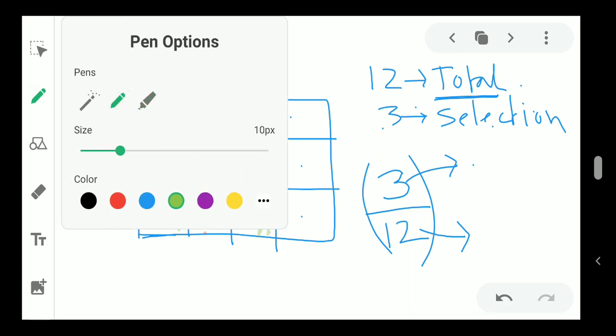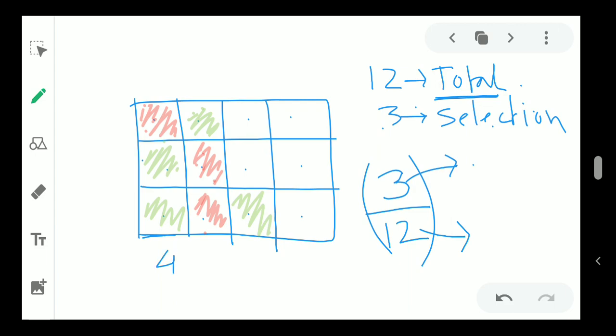So in that case you can see that 4 by 12 somebody has done, whereas somebody has done 3 by 12. So this portion is much higher. With respect to 12 he has done 4 pieces. With respect to 12 here he has done only 3 pieces. That means he has done more work than this.